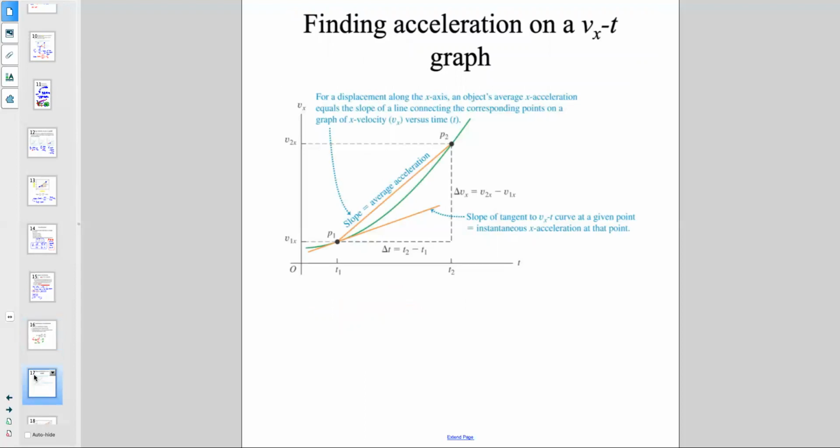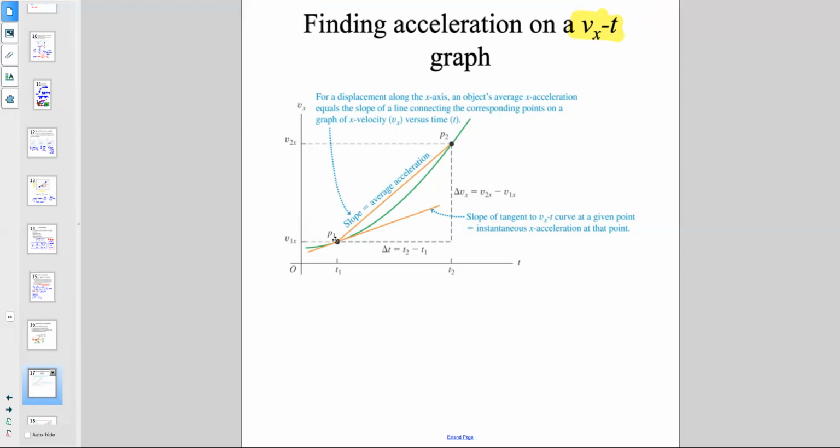Finding acceleration on a vt graph. Just like the xt graph, you have a vt graph. Just like xt, we have a v. It's a graph that is showing you the velocity of the object versus time.